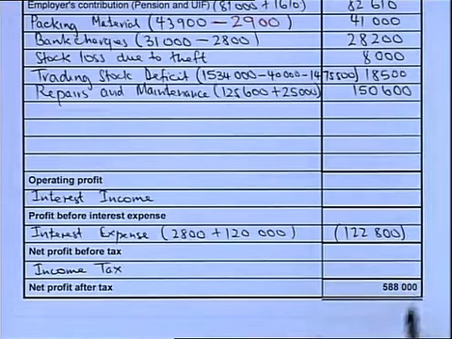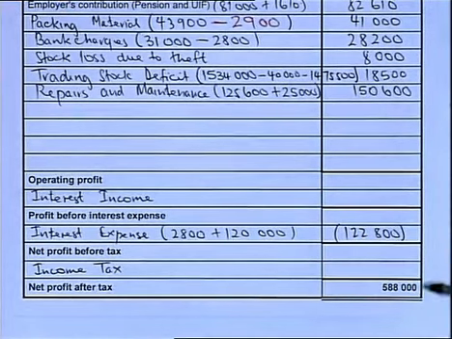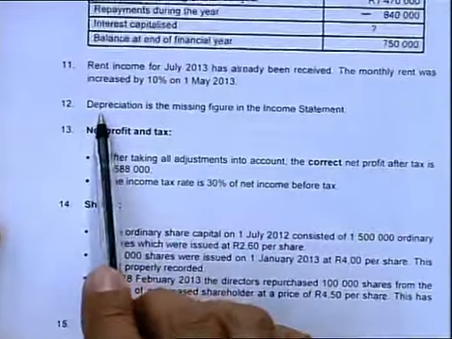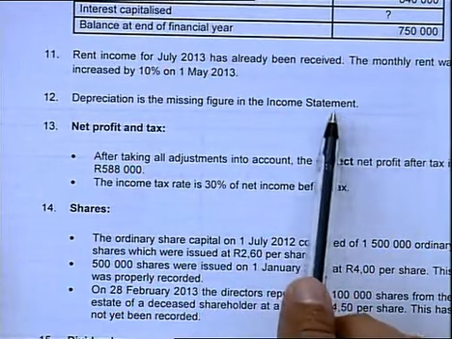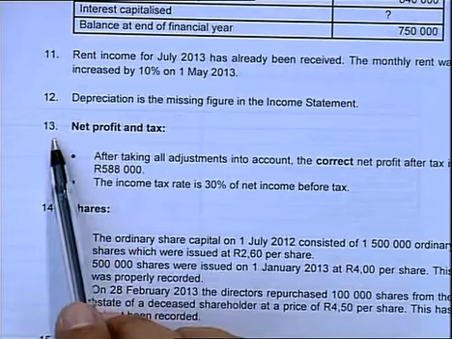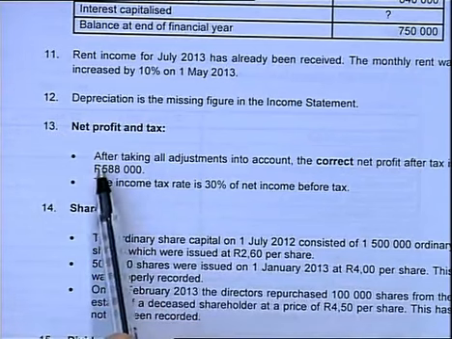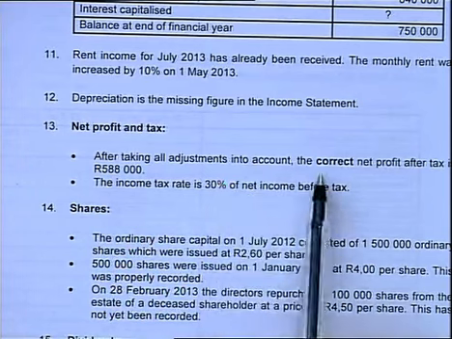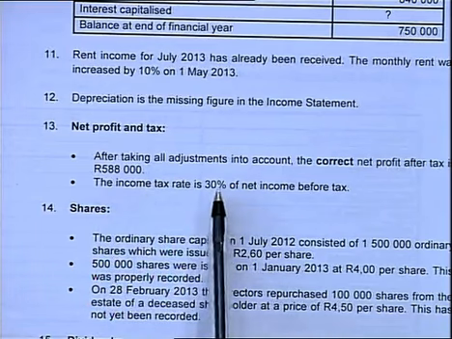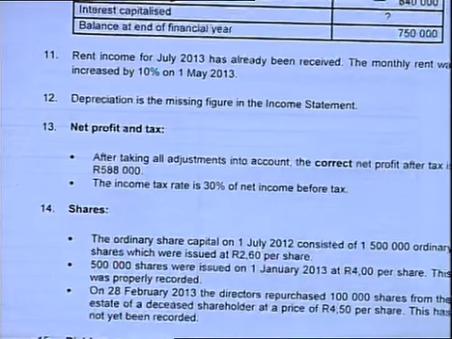Also, seeing that we are in the income statement and there are some figures given, we can easily calculate the adjustments. So just for the time constraint, it says depreciation is the missing figure in the income statement. So we will have to calculate the depreciation. But adjustment number 13 says after all the adjustments were taken into account, the correct net profit is 588,000. And that income tax rate is 30% of the net profit before tax.